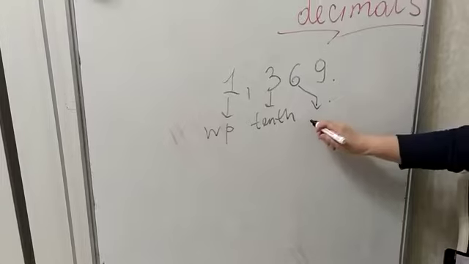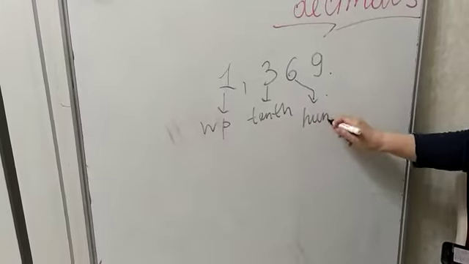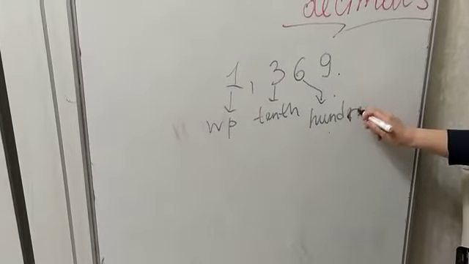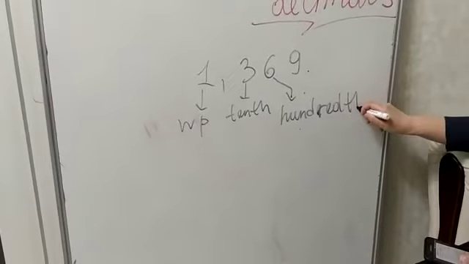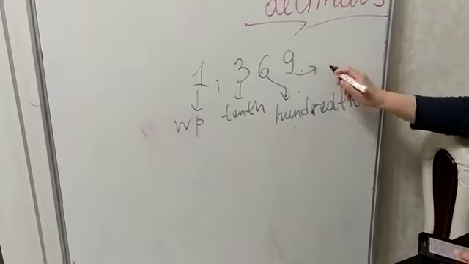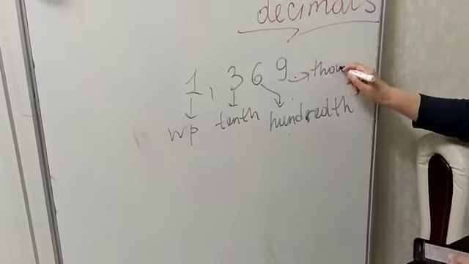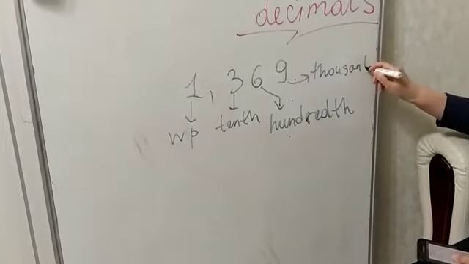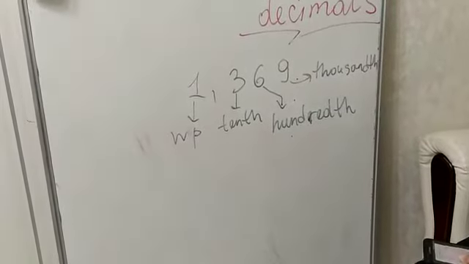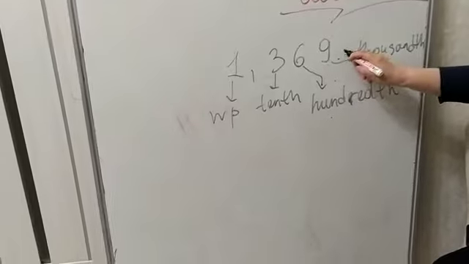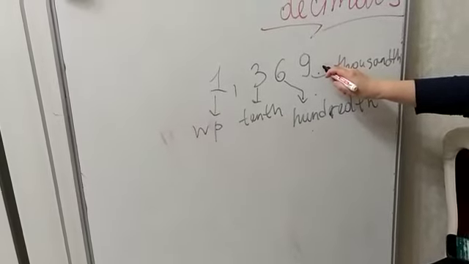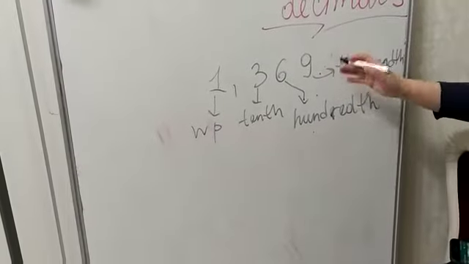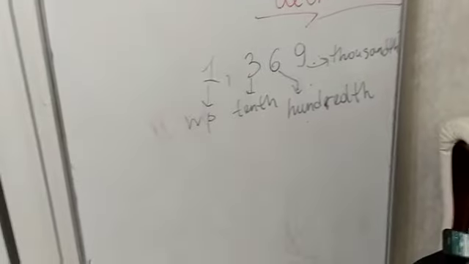This part is called hundredths, and this part is called thousandths. After 9, if we had another number like 4, it would be ten-thousandths, and so on.